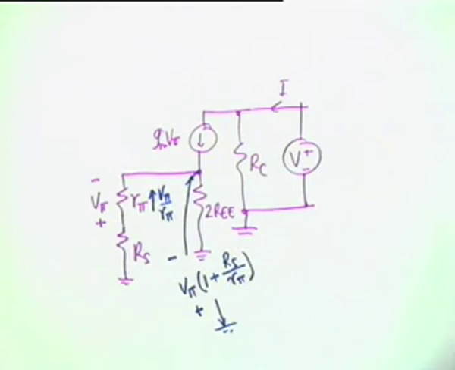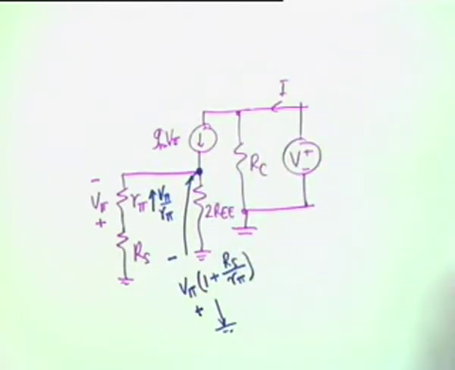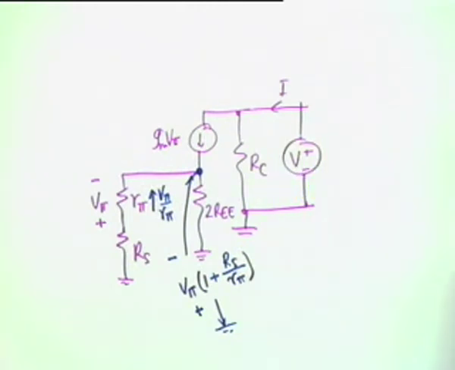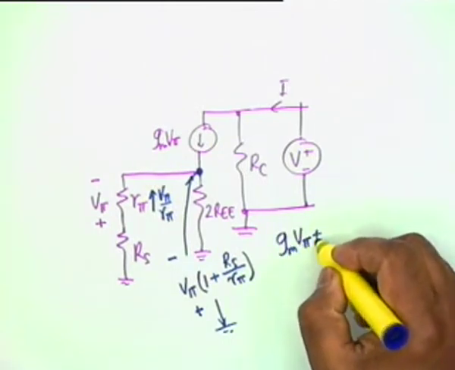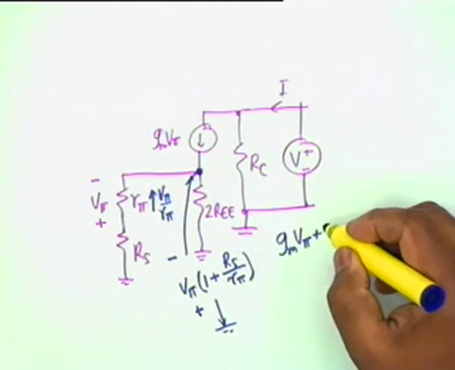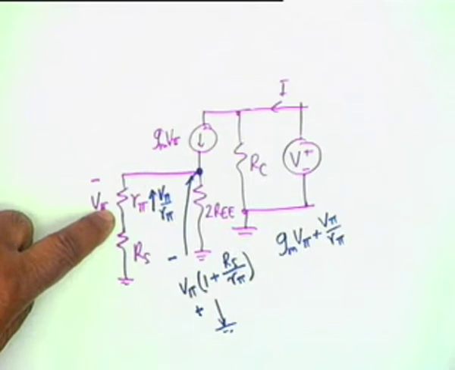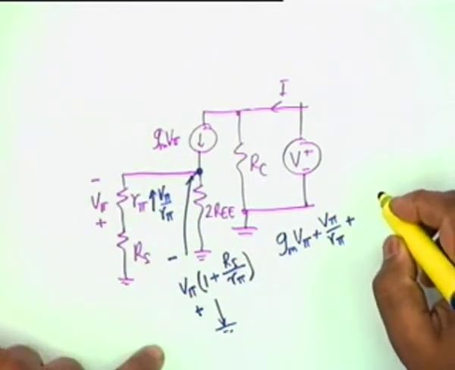So now you can write a node equation at this node. What is the node equation? All the currents coming in should add to 0. So GMV pi, this is one current, plus V pi by R pi, okay, plus this voltage by 2 REE.